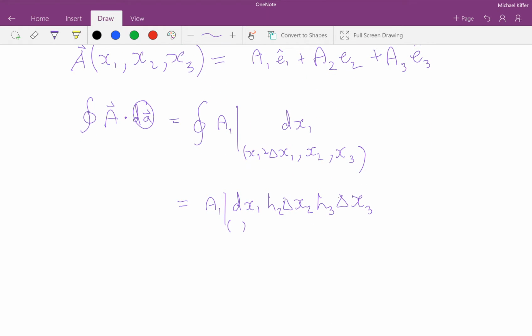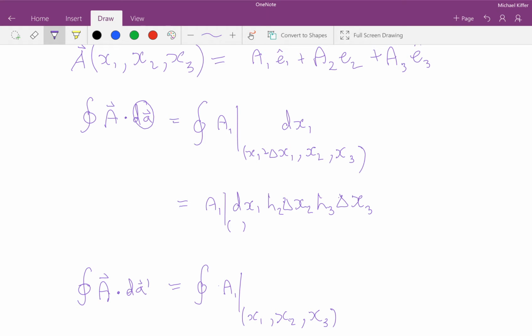We then are going to do that again for the back face. So we've got the surface integral of A dot dA dash. dA dash is going to be the back face, and so we're going to have the surface integral of now A1 evaluated at the back face, which is going to be just x1, x2, x3, given that we're only going a small distance in the x2 and the x3 directions.